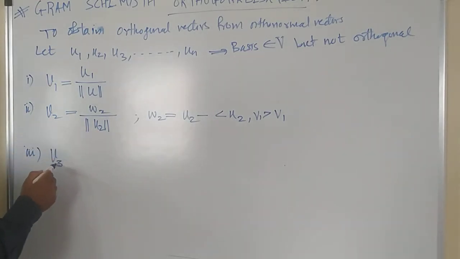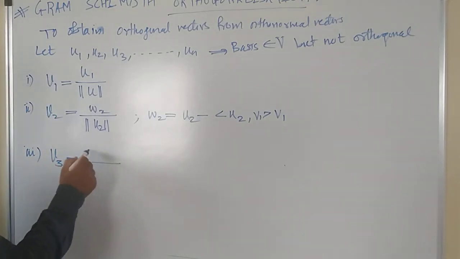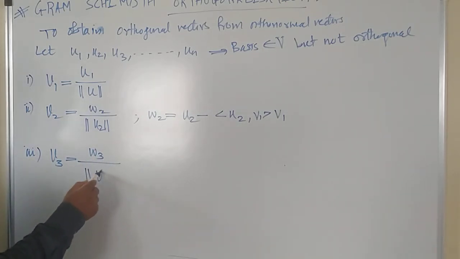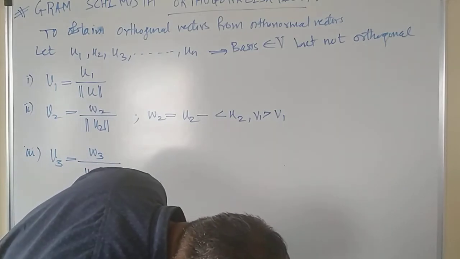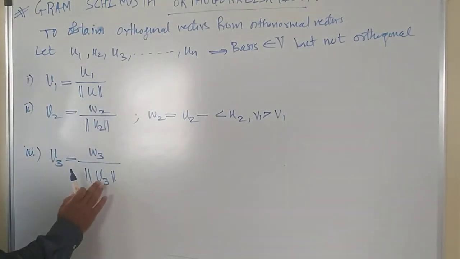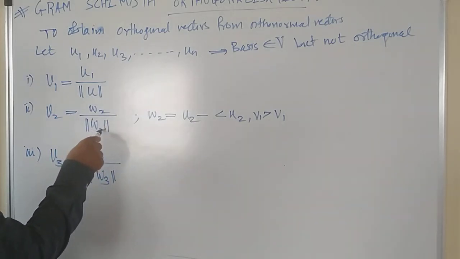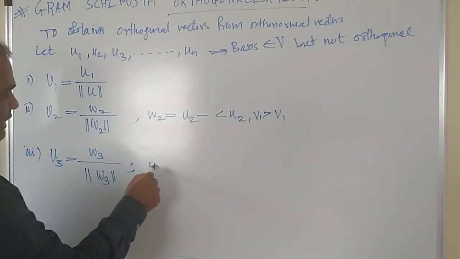Similarly, the vector v3 is calculated by taking the vector w3 divided by the norm of the vector w3. Not v3, it's w3. Here also it is w2. Please remember this very well. And what is w3?